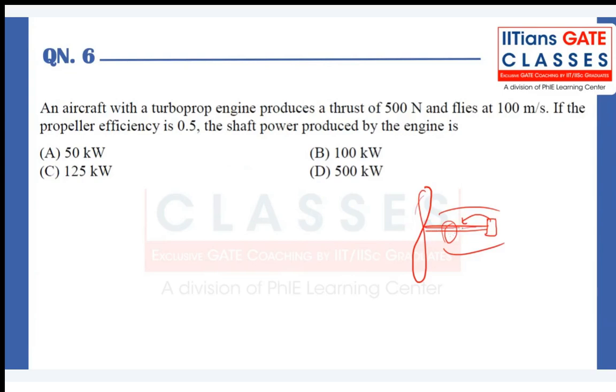This propeller is used to produce the thrust. So if I look at the thrust power relative to the power you supply to rotate the propeller, which is the shaft power, that is called propeller efficiency. Clear?